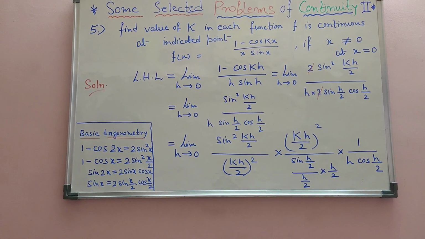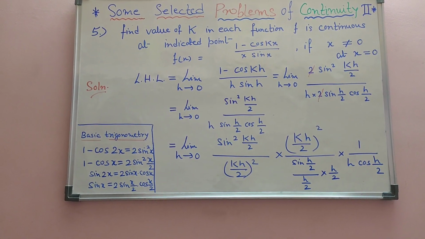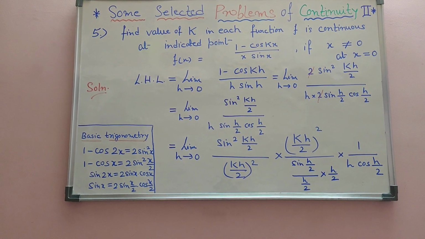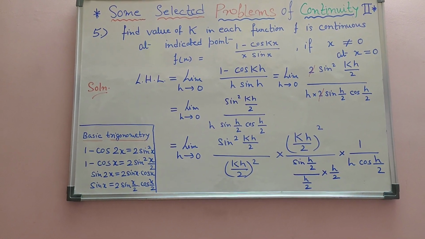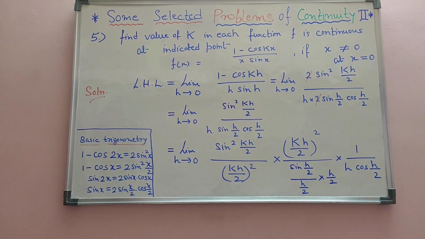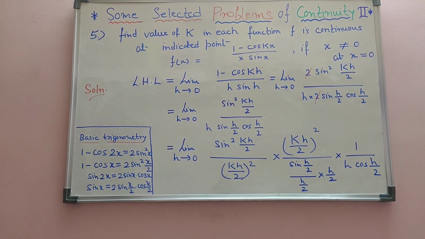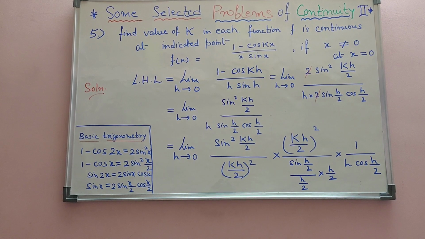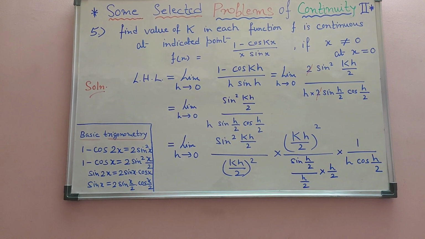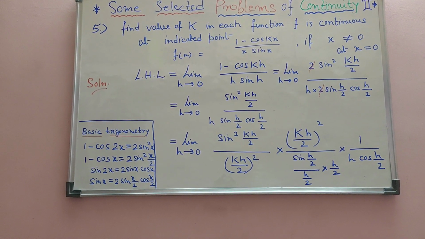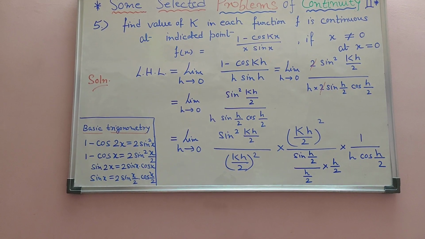Why? Because the basic trigonometry formula, written at the bottom left, is 1 minus cos 2x equal to 2 sin square x. On the basis of this, 1 minus cos x becomes 2 sin square x by 2. We have used that formula here: 1 minus cos kh becomes 2 sin square kh by 2.